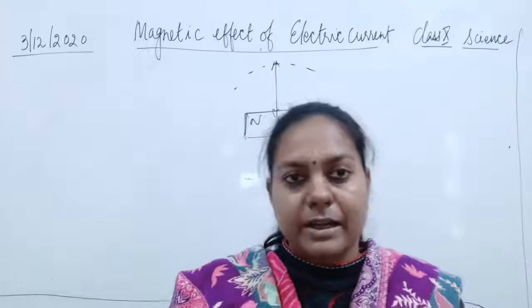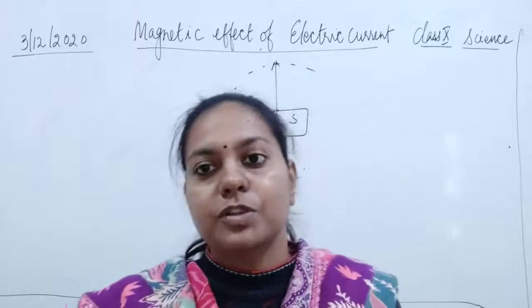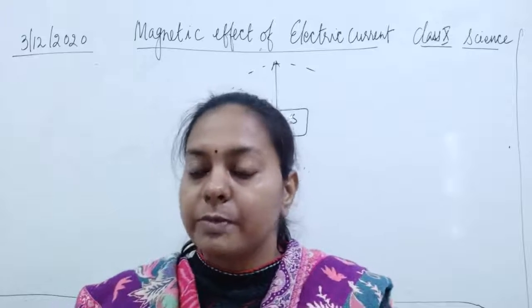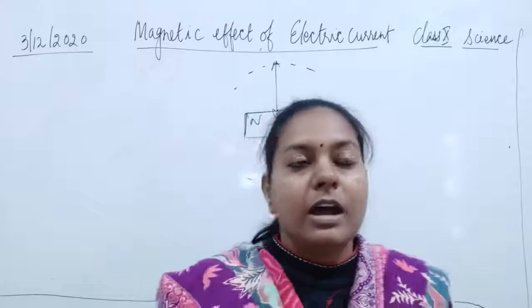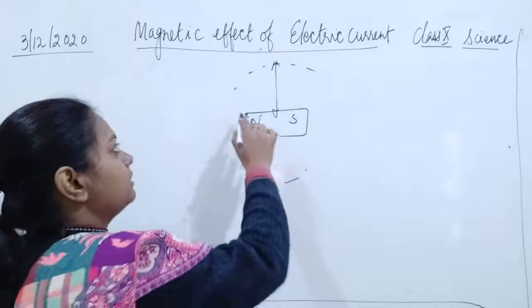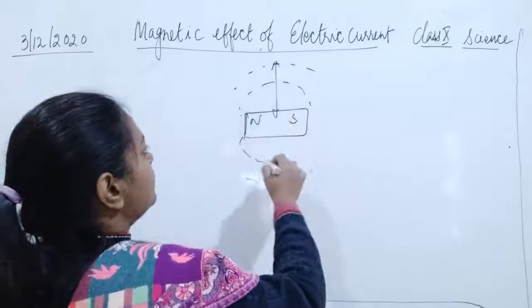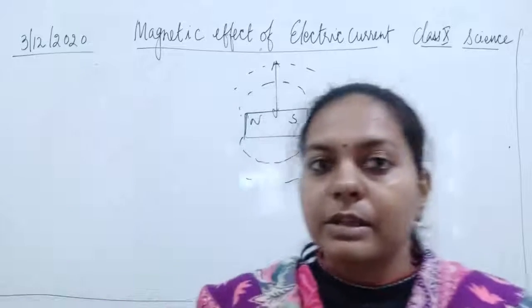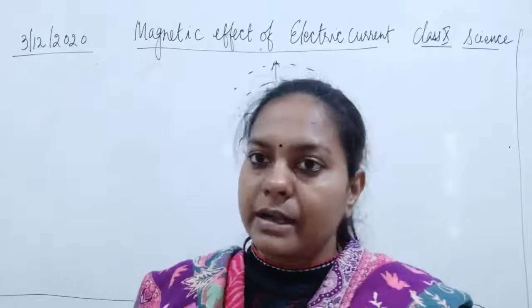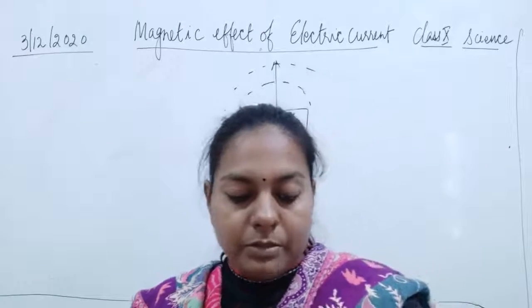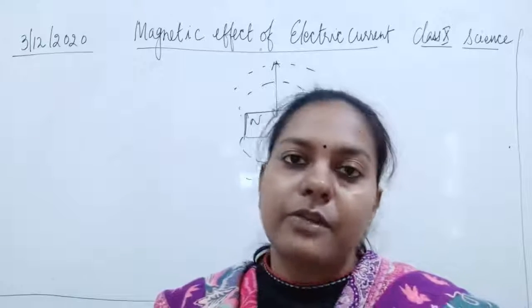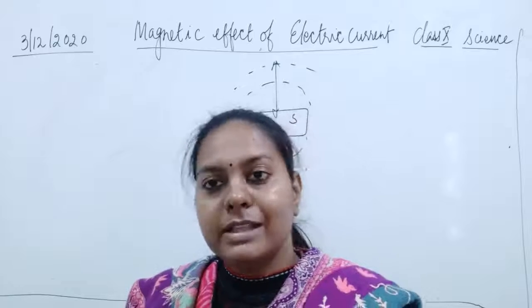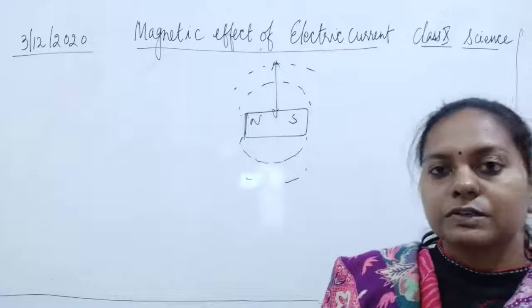To see these magnetic field lines, we also performed an activity in which sprinkled iron filings arranged themselves around the magnet in a certain pattern, and this pattern could also be the same when we use the magnetic compass. Magnetic field lines never cross or intersect each other, because at one single point two directional force is not possible.